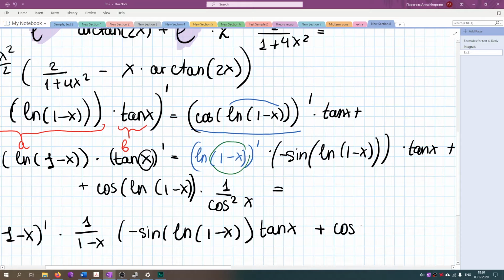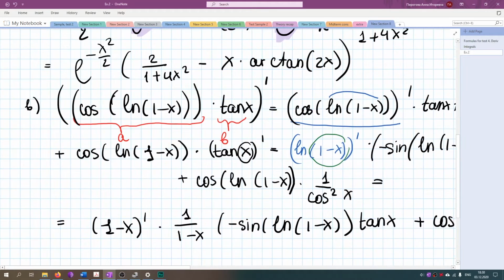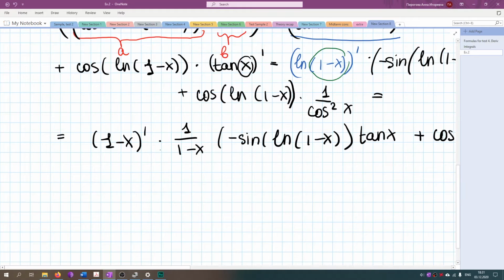And cosine, natural logarithm, and 1 divided by cosine squared x. So this derivative will be equal to minus 1. That's why we'll just need to put minus before this expression. And that's it.